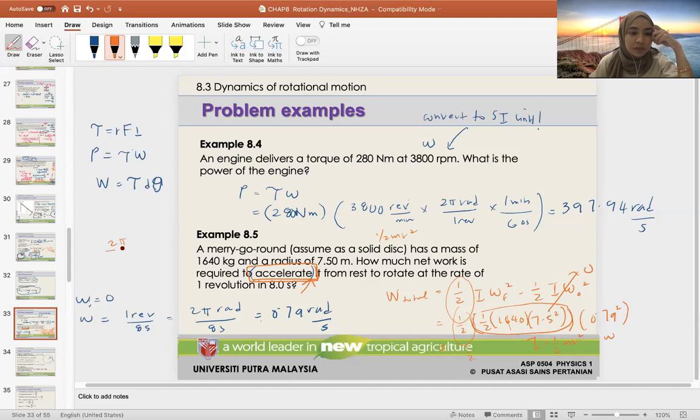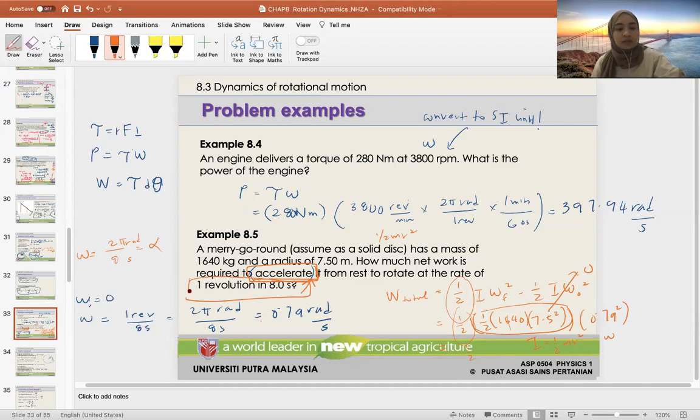So they say 2 pi over 8 is the acceleration, which is wrong because this is radians and this is seconds. Radians per second is omega. So if you are not sure, you look at what they give you, put it into the equation and see what the unit is. Check the unit to determine if it's acceleration or angular speed.